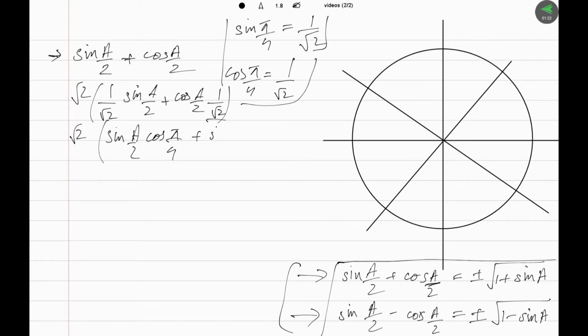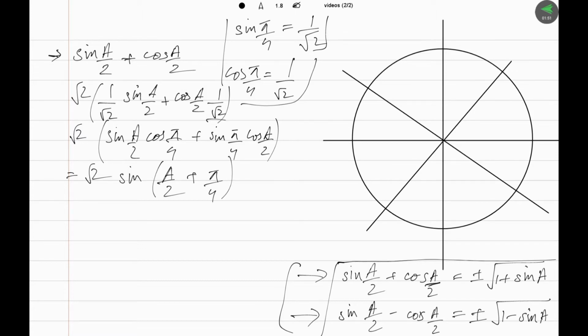then we get sine pi over 4 cosine A over 2. Then we can see that this is just the formula for sine x cosine y plus cosine x sine y. Then we can write it as square root 2 times sine of A over 2 plus pi over 4.